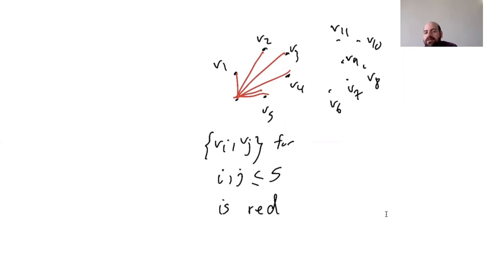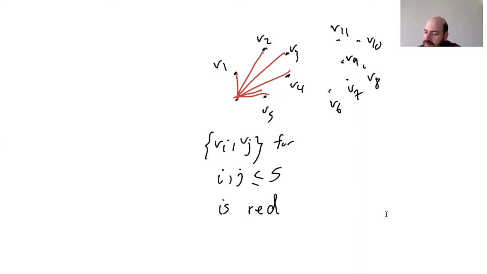So each of these edges is red with probability 1/2. What is the probability that all these edges are red? Each edge is independent of the others. So the probability that the first edge is red is 1/2, the second edge is red is 1/2, the third edge is red is 1/2, and so on.